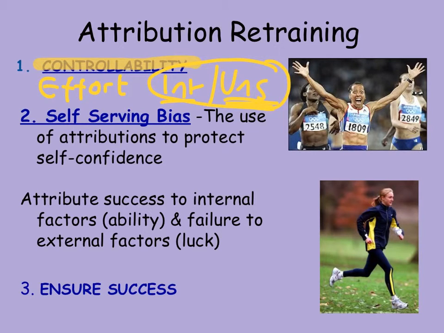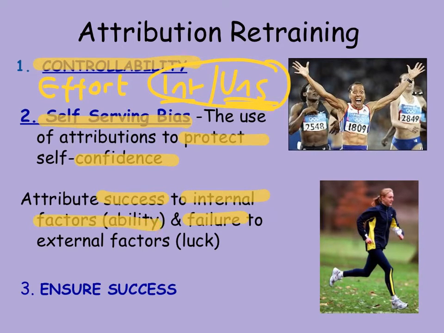The second method which we can use is self-serving bias, and this is what it says on the tin. It protects our confidence. So you're being biased towards yourself. We can do this again looking at the two types of attributions that we would make in success and in failure. In success, we would attribute success to internal factors, my ability.